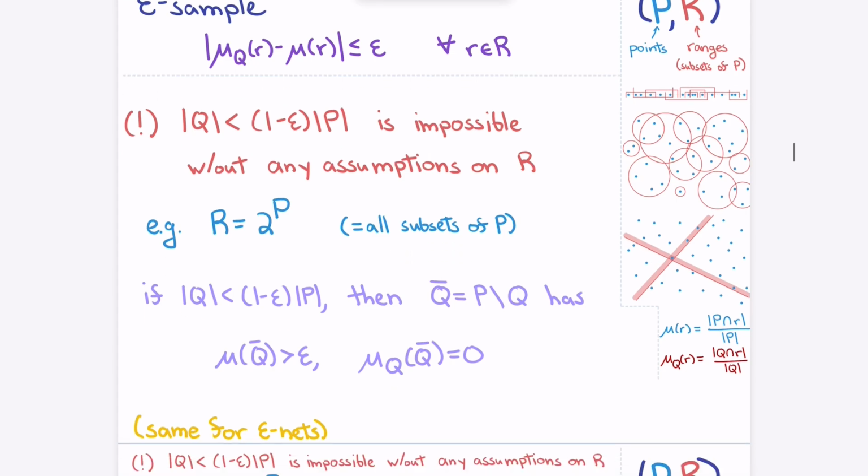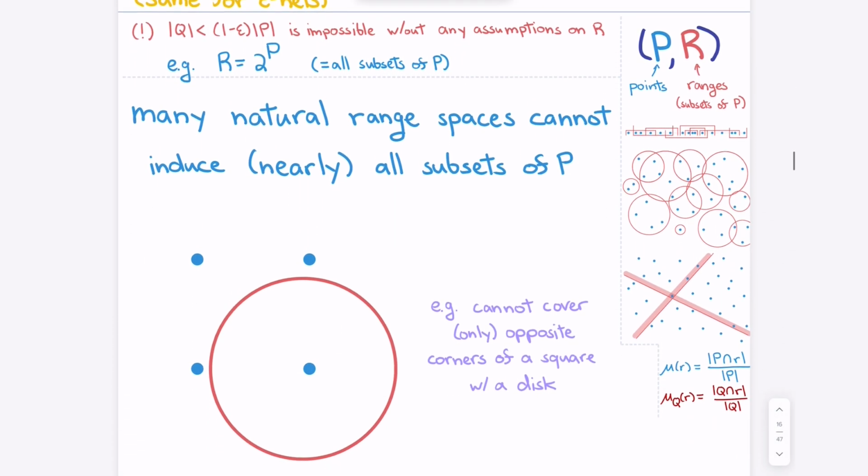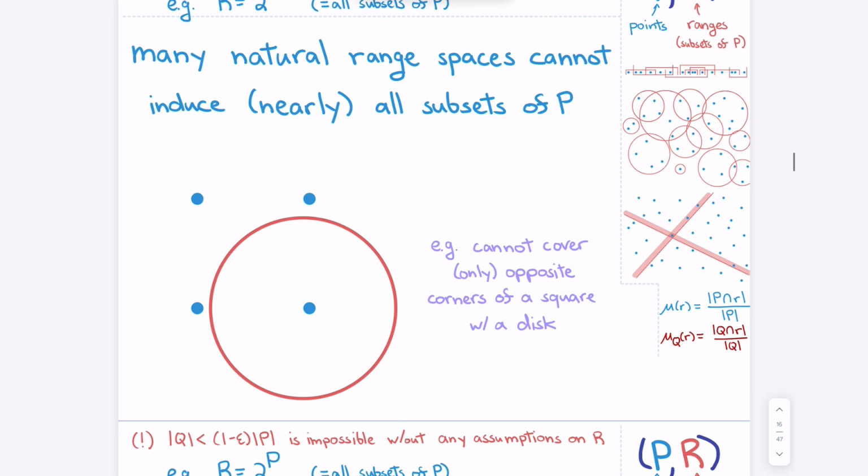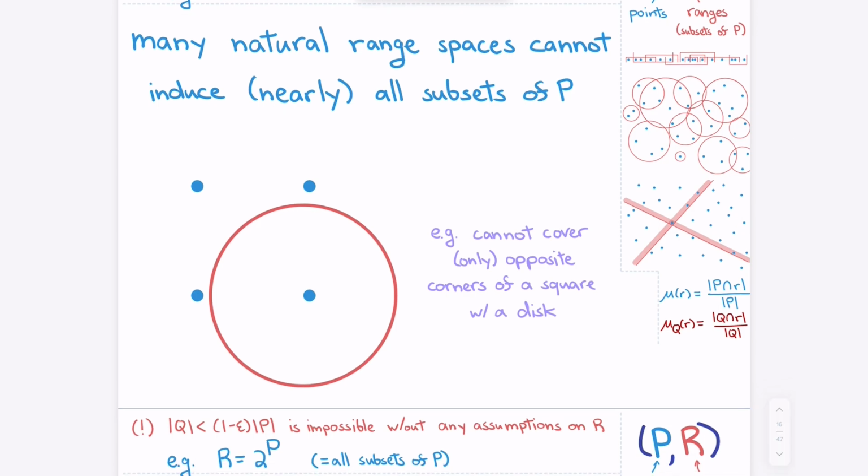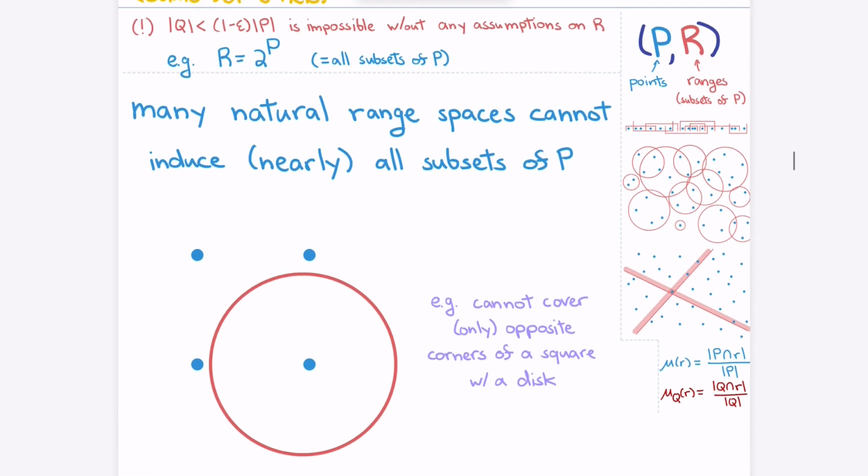Okay, now for some of those examples above, like disks in the plane, you can't actually induce all possible subsets of points. So take these four blue points. My bad case was all possible subsets of points.